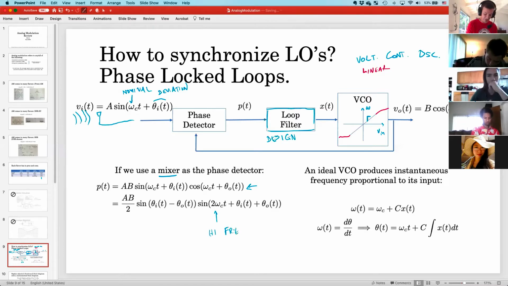And then the assumption is going to be that this term is going to end up being lower in frequency. And so if our loop filter ends up having kind of a low pass characteristic, then we're going to be able to wave our hands and say, you know what, that doesn't actually get passed through the loop. And so we can focus on the lower frequency difference term here.